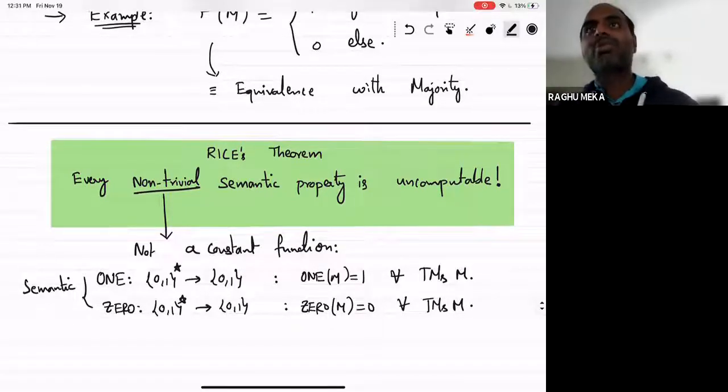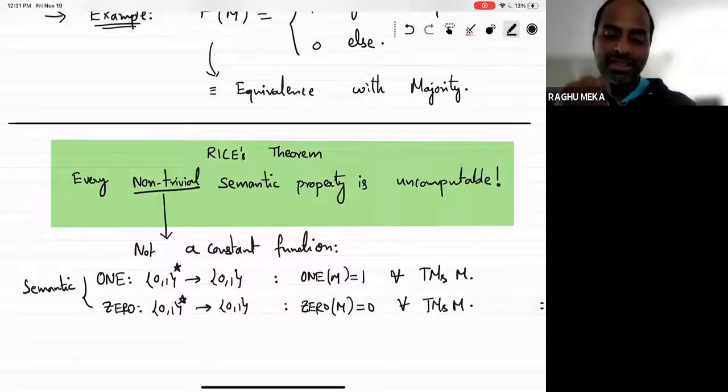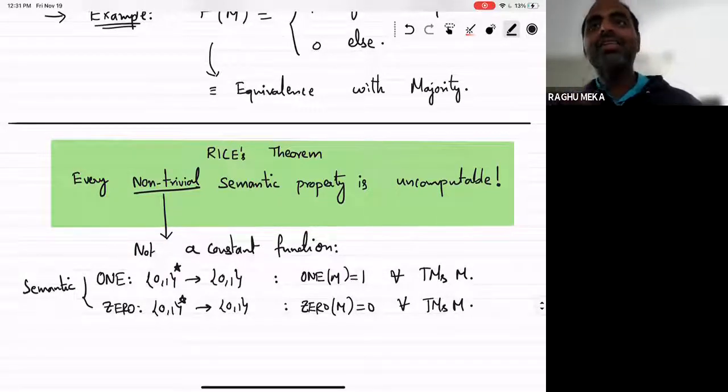Obviously, I can just always design a Turing machine which outputs 1, right? So these are computable, but any other semantic property besides these two, as long as it's not a constant function and is semantic, is uncomputable. Okay, so it's a very strong statement. It's saying there is no way around computing semantic functions.